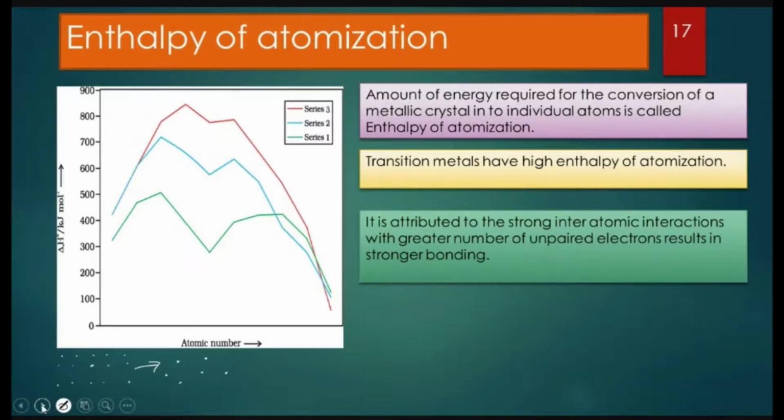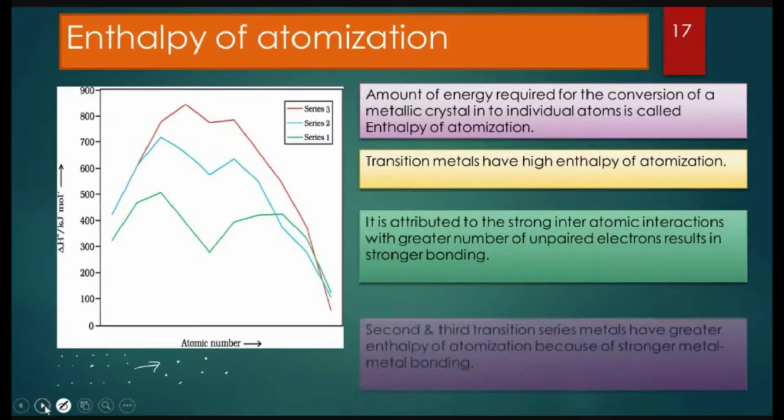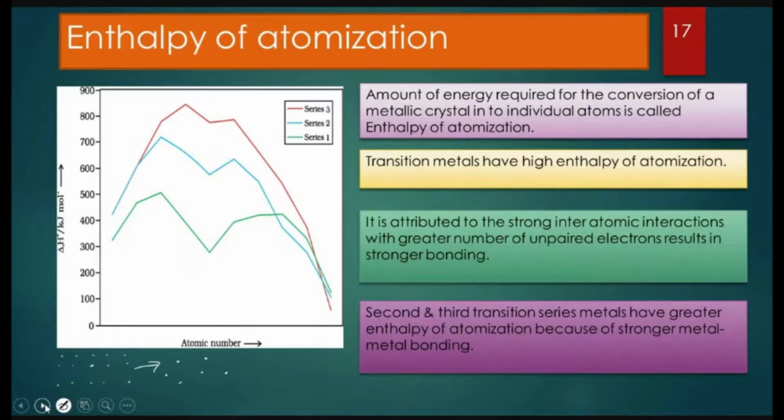That is why all transition metals have high enthalpy of atomization. Second and third transition series of metals have greater enthalpy of atomization because of stronger metal-metal bonding. Why do they form stronger metal-metal bonding? It is due to the availability of a greater number of unpaired electrons, which results in the formation of stronger metal-metal bonding.